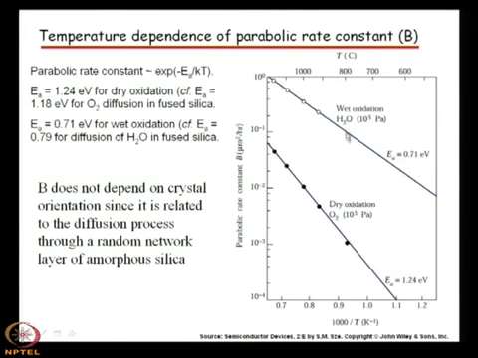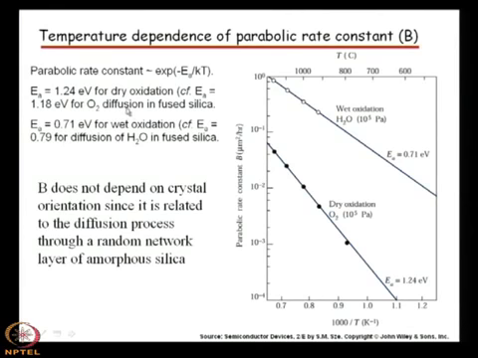Similarly, for wet oxidation the activation energy is found to be 0.71 electron volt, and if we compare this with the diffusion of water vapor in fused silica, the value is 0.79.